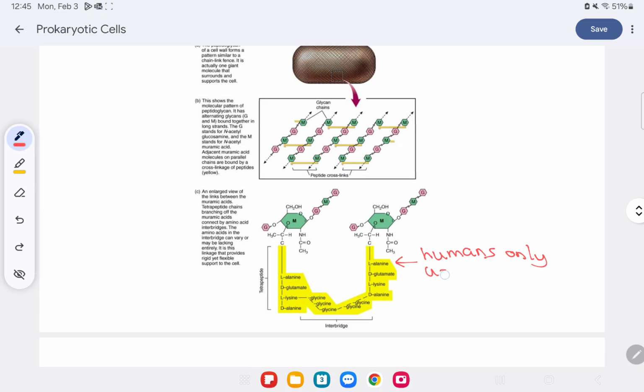It marks it as not self. I don't need you to know the name of that amino acid or anything like that, just that they're using a different version, like a mirror image, and it's not right to us. Okay? All right, so then, yes?